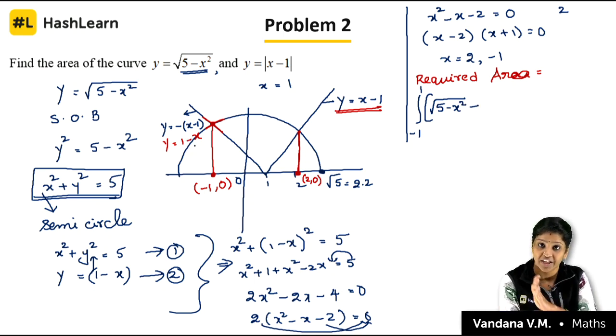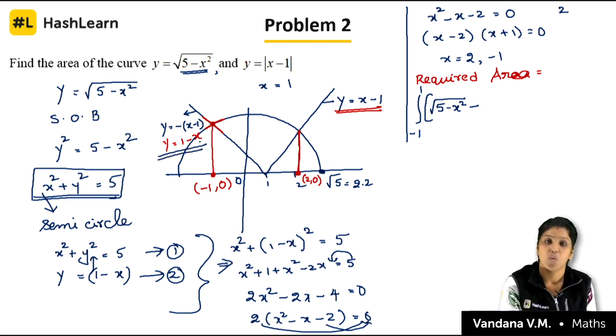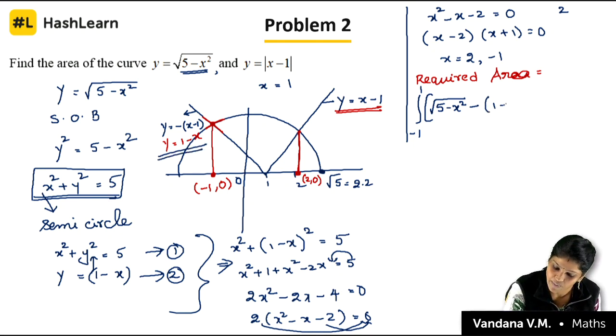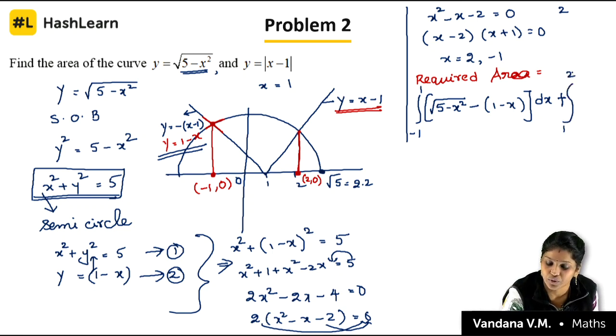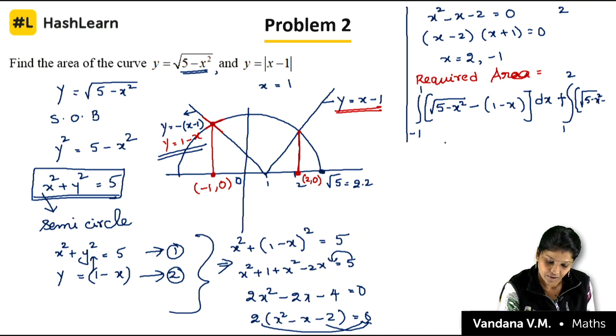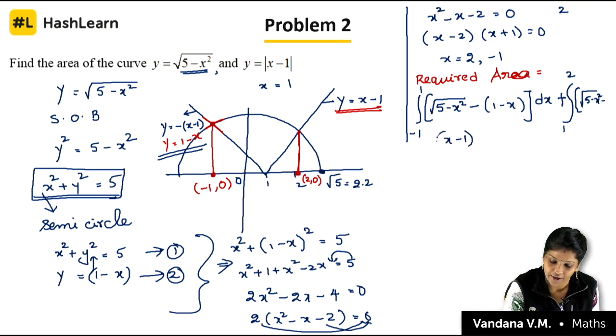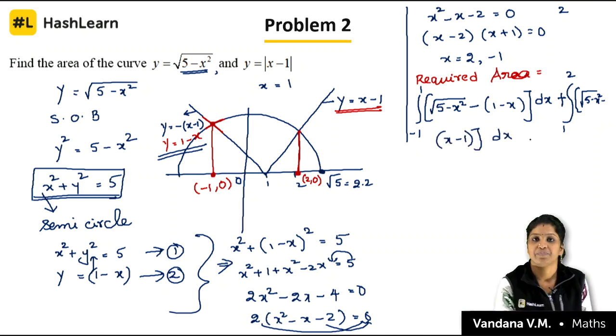On the negative side the line equation is y is equal to 1 minus x, that is 1 minus x into dx, plus after 1 the equation is changing, that is integral 1 to 2. Here also the upper line is root of 5 minus x square minus x minus 1 into dx.